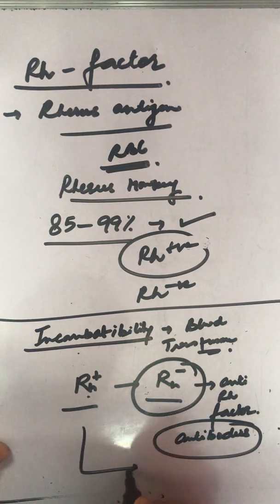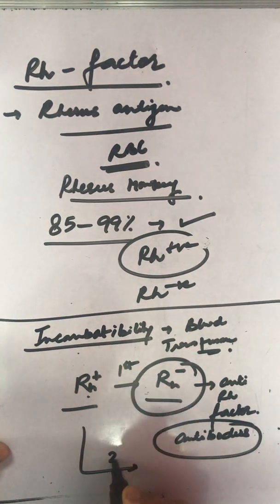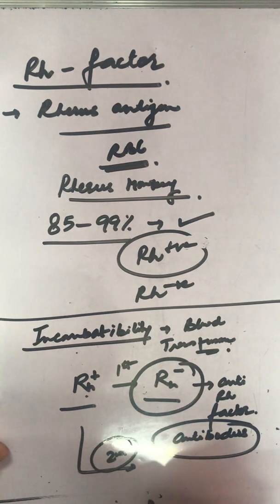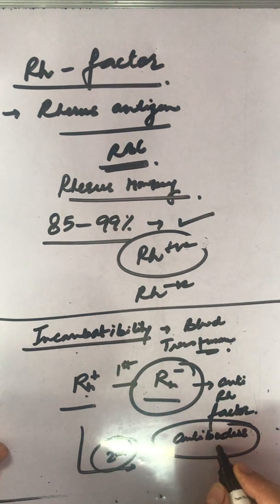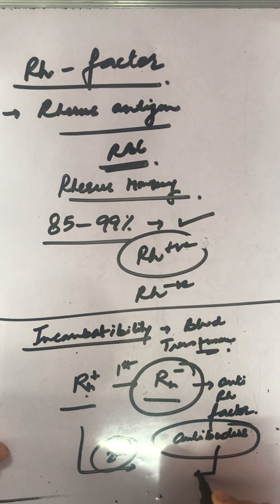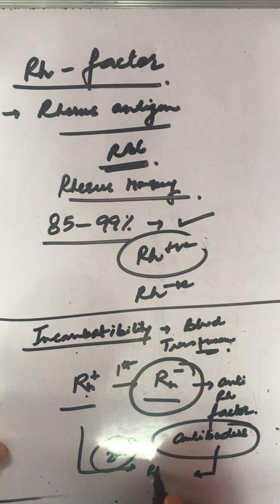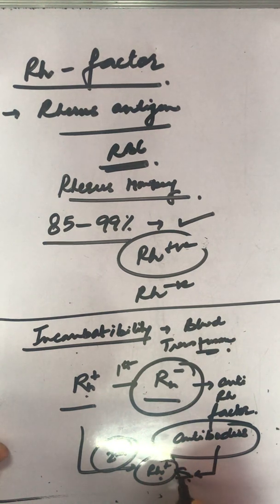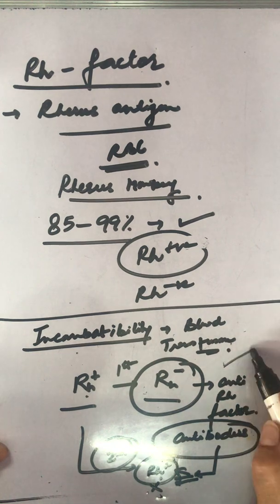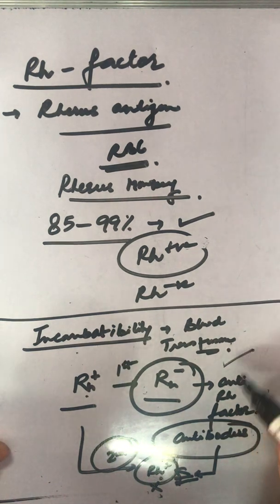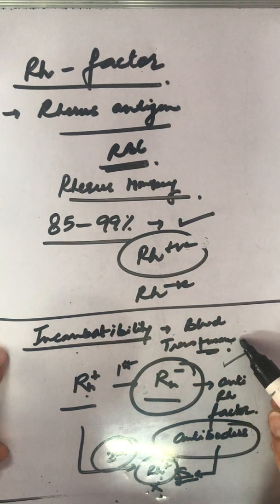When the second blood transfusion takes place, these antibodies will attack the Rh positive factor that has been introduced and will destroy the RBCs of the donor. So during the first time it is not dangerous, but during the second time this incompatibility problem comes.